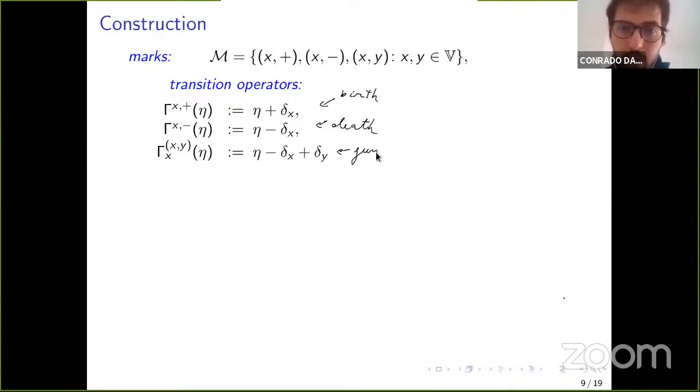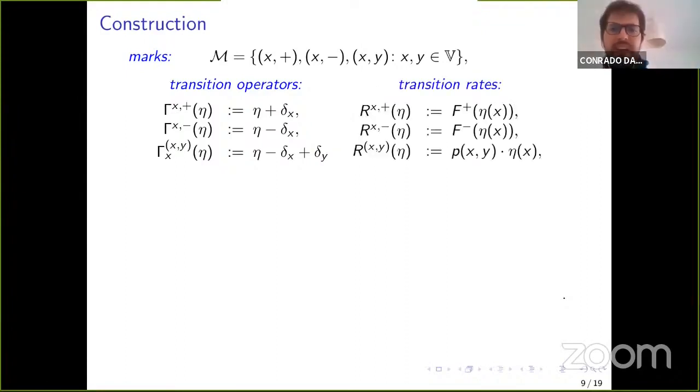So if there were no jumps, these processes would evolve independently, and we might study just a single coordinate, and it would be a one-dimensional problem. The point is that we're going to have some transition rates for these operators to occur, and these rates are not entirely specified here. I'm just writing F plus and F minus for the reaction rates.